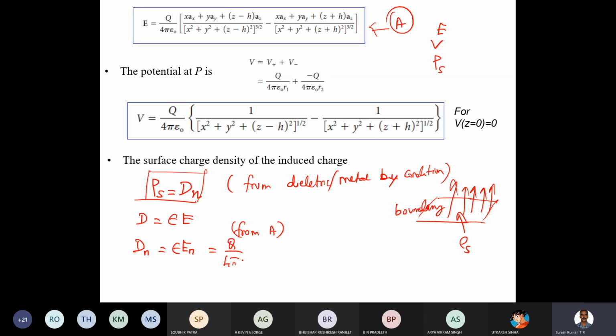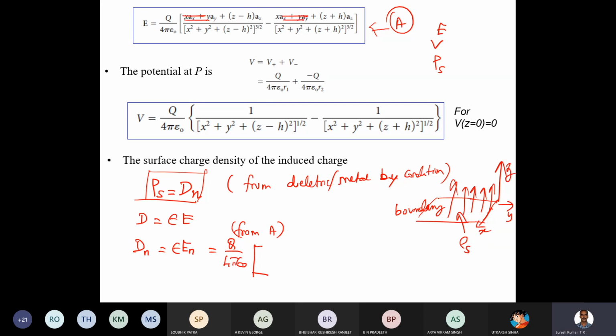From equation A, what will be the normal component? I think in the previous slide itself we have calculated this, right? If you take this first term, the normal component is a component along Z direction. This is X, this is Y, and this is Z. So we don't want these two components.